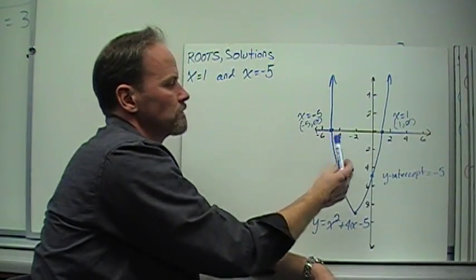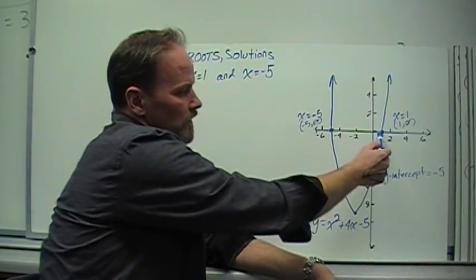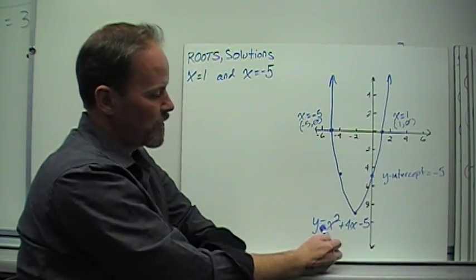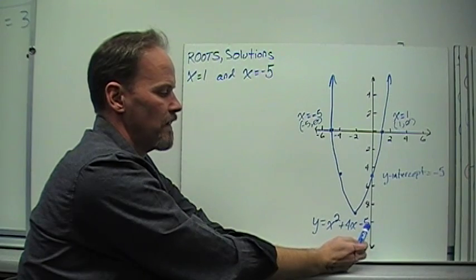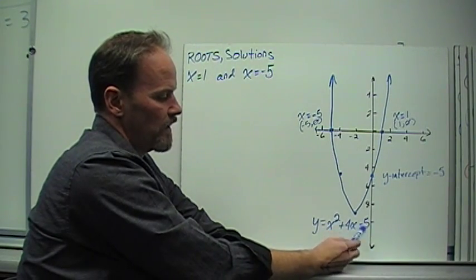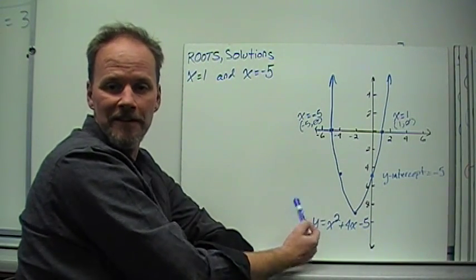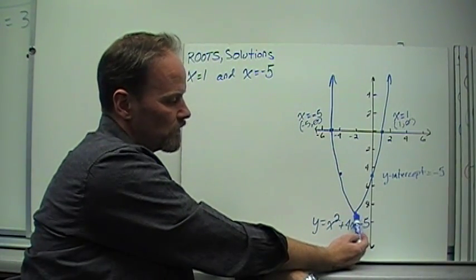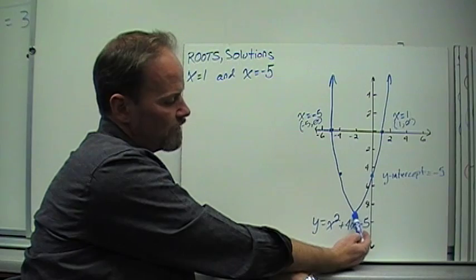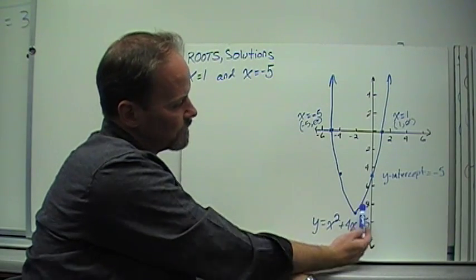Plot that one. X is 1, and I'm going to plot that. Remember, the equation was x squared plus 4x minus 5. I actually went ahead and behind the scenes did all the x's and y's, a table and all that. The vertex was right here at -9 for y and -2.